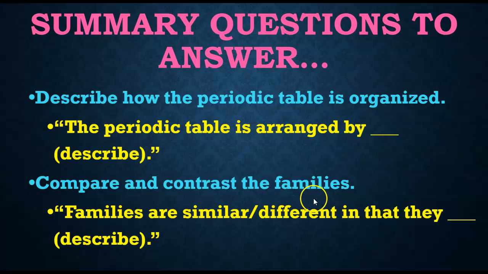Compare and contrast the families. So families are similar, where you have metals, nonmetals, and metalloids. They have similar characteristics, but they are also different based on what you're doing to it.